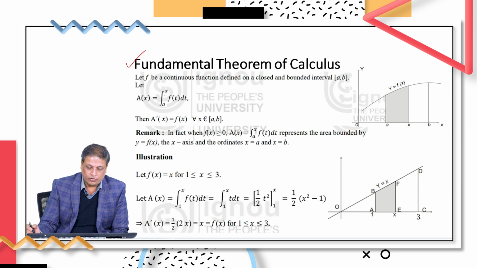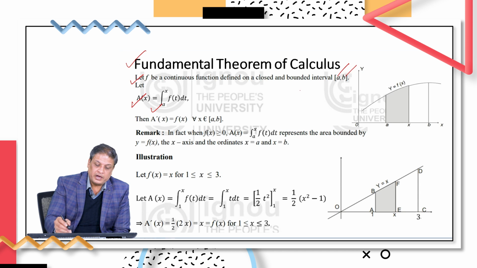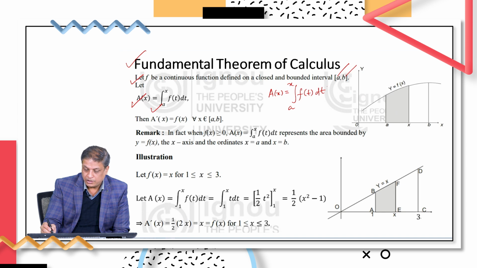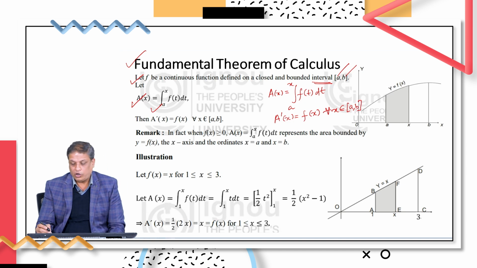This fundamental theorem of calculus says that if f is a continuous function defined on a closed and bounded interval [a, b], where a is the lower limit and b is the upper limit, then A(x) is equal to the integral a to x f(t) dt, where a is the lower limit of the given interval, and the derivative of A(x) will be nothing but f(x) for all values of x belonging to the interval (a, b). Now, what do we mean by that?